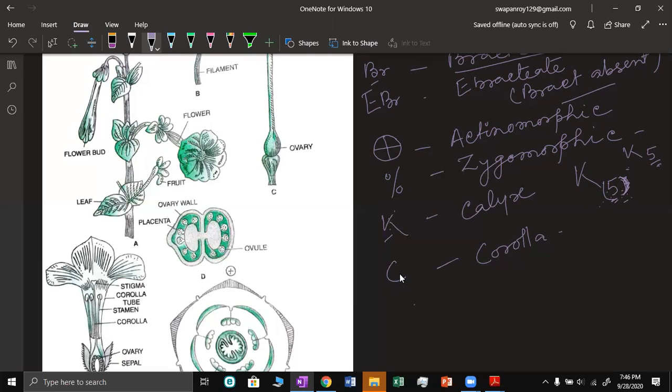In the similar way, for the corolla also we can write like this, that 5 petals or 6 or 3 or many. If it is gamopetalous, then we will put it within the parenthesis. If it is free, then only 5 we will write.